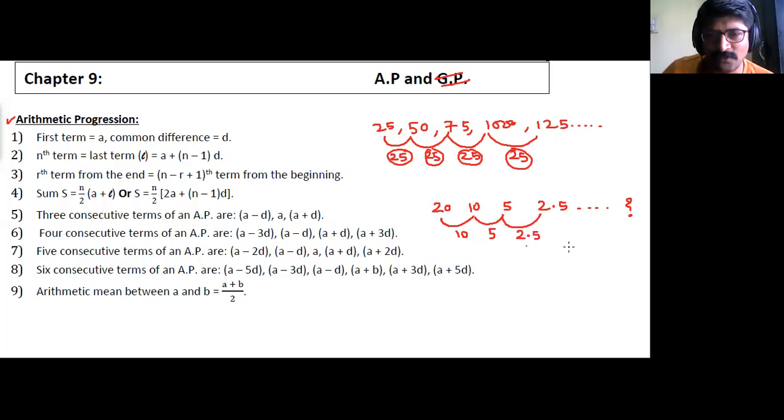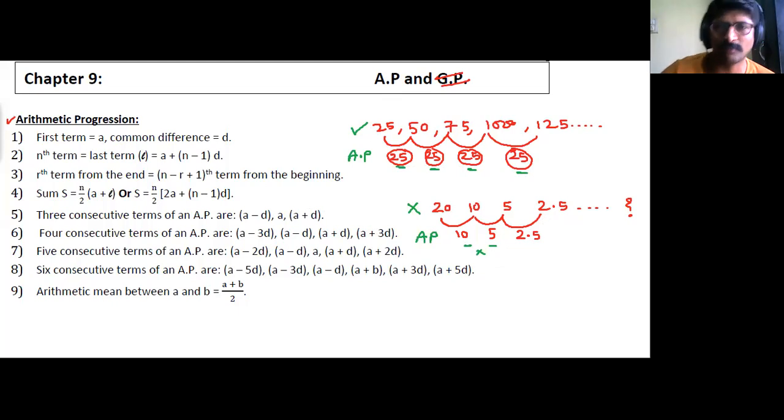So it is not an arithmetic progression. So this is arithmetic progression. This is AP because the difference is constant. Here, this is not AP. Why? Because the difference is not constant. You understood? It's that simple a chapter, guys.